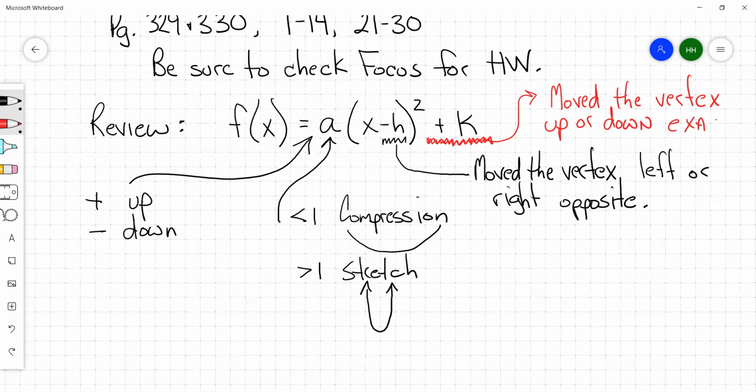Exact. Meaning if this was a positive 1, it moved the vertex up 1 from 0, 0. If this was a negative 2, it moved the graph down 2. Okay? So all of that information is contained in each of the equations that you had yesterday. And all of your graphs should have been different.